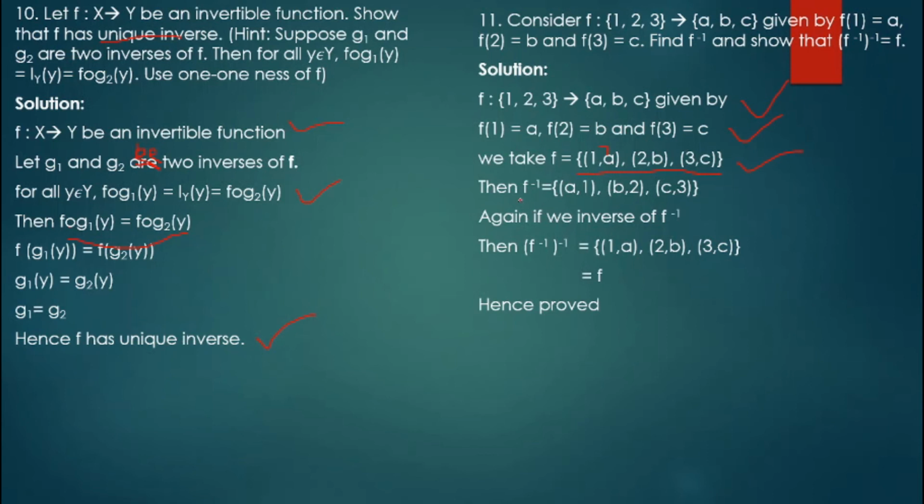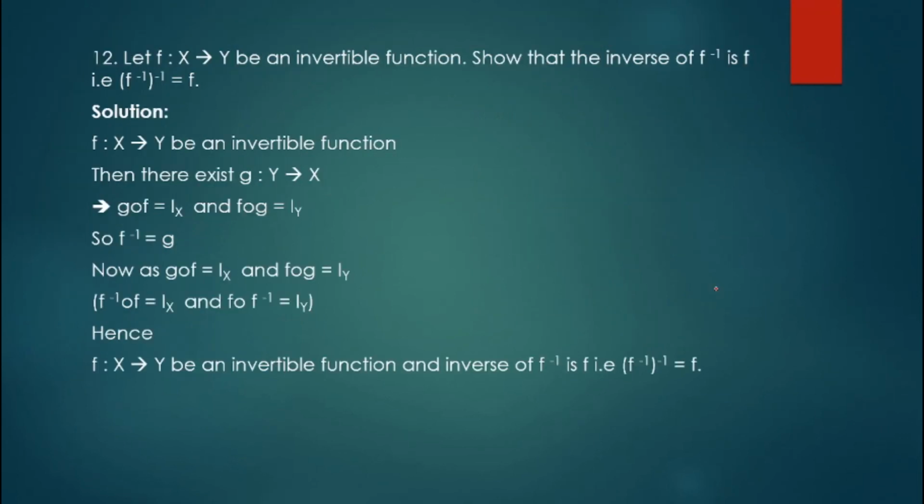So f inverse is nothing but these pairs reversed. Next, again if we take the inverse of f inverse, then f inverse of inverse equals (1,a), (2,b), (3,c), which we know is equal to f. So hence proved. We have completed our 11th question.